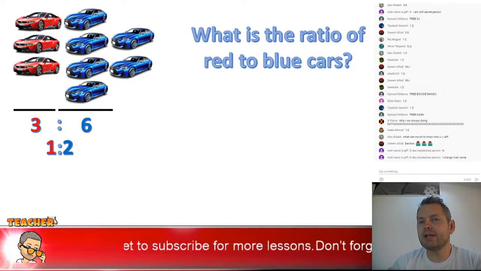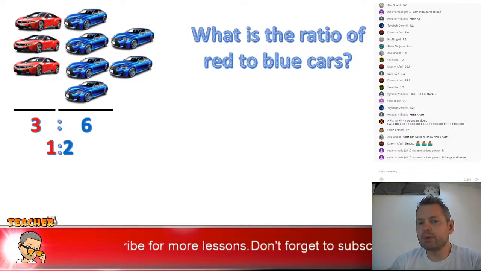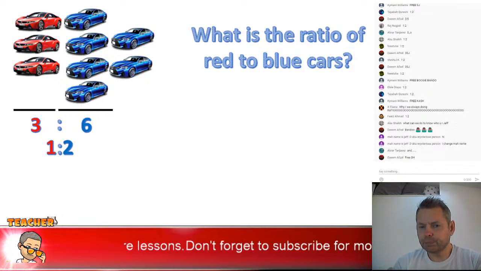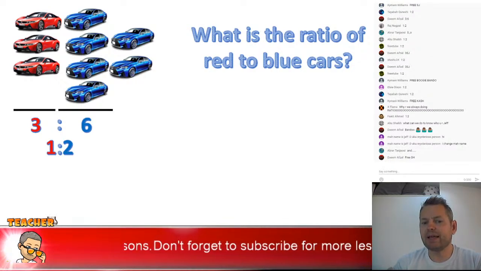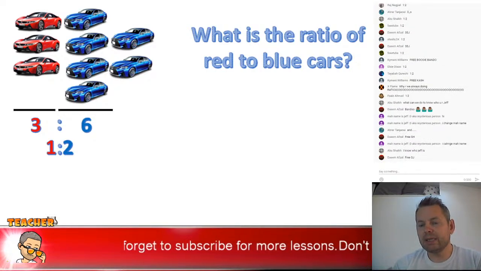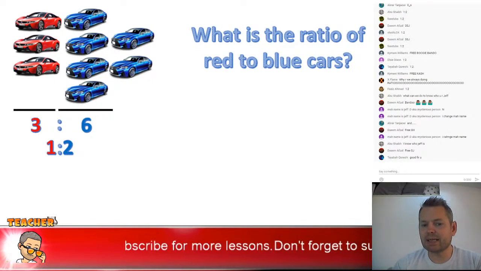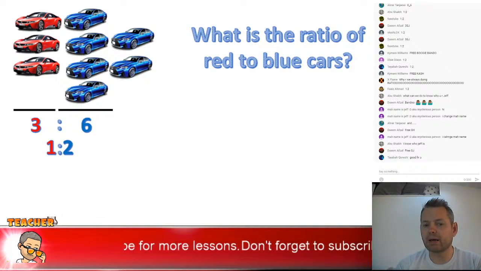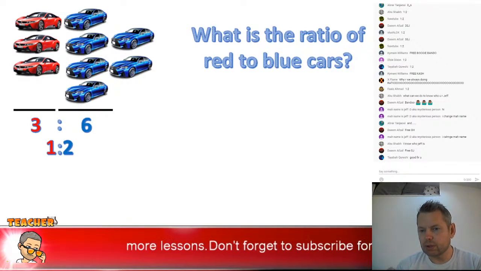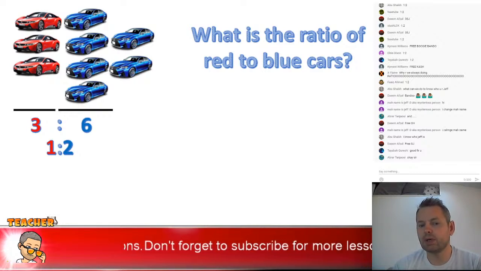So simplifying ratio is the same as simplifying a fraction. We look to see if both of the numbers are in the same times table. If they're not in the same times table, we look to see if they can be simplified in any other way, and if they can't, then we leave them the same. But in this case, 3 and 6 are in the same times table, the 3 times table, and we can reduce them both down to 1 to 2. So our ratio of red cars to blue cars is 1 to 2.